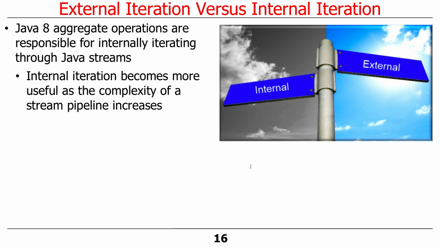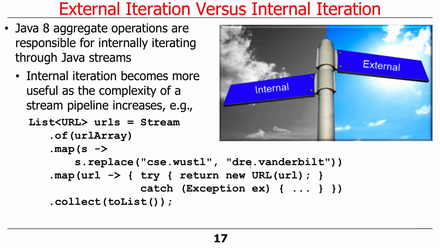So internal iteration becomes more useful as the complexity of what you're trying to do grows. So let's take a look at an example. Here's an example where we're going to have an array of URLs. We're going to convert that array of URLs into a stream. So now here's where internal iteration starts, right?